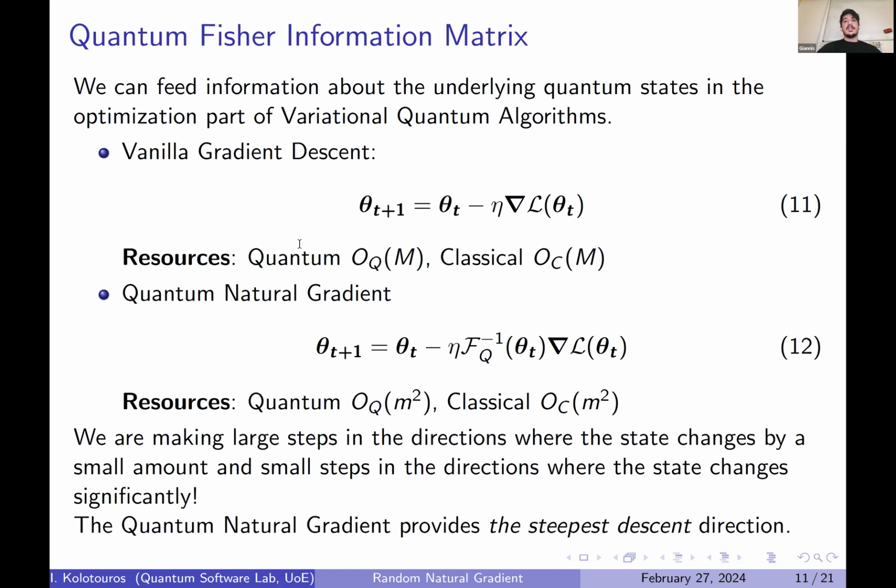Another thing that we also prove in our paper is that the quantum natural gradient provides the steepest descent direction, which means that if you take the first order Taylor expansion of the loss function, it becomes a minimum if you use this update rule.